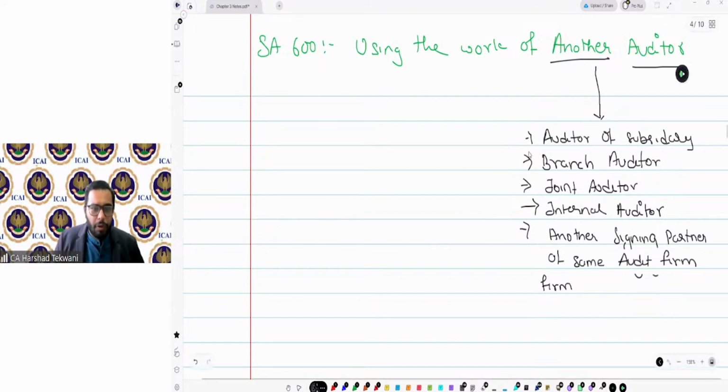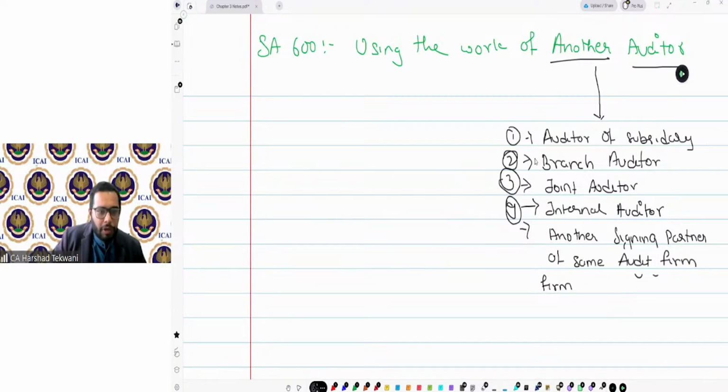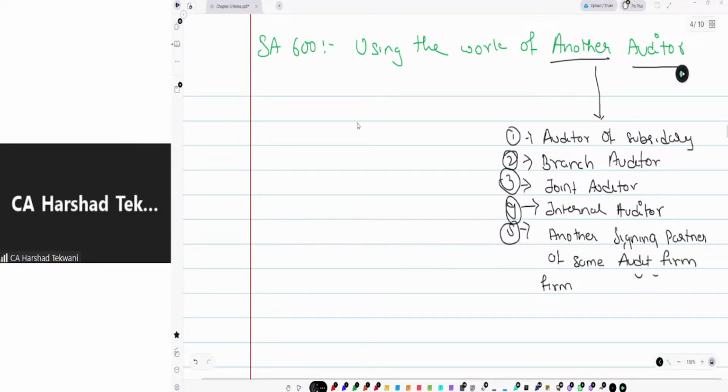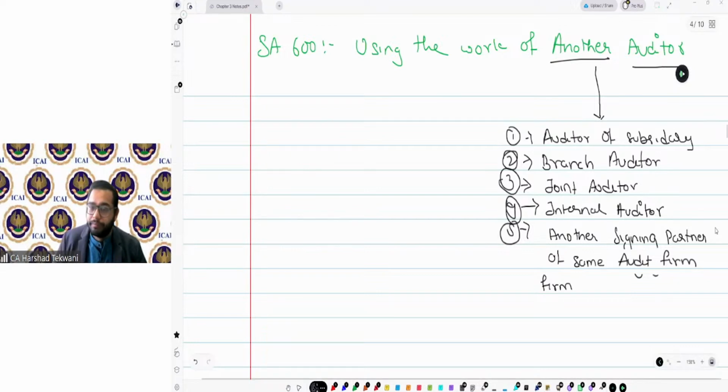So you have these options. First one, second one, third one, fourth, and fifth. You tell me which will be covered in the definition of another auditor as per your understanding, or you can guess also, and what is not covered under the definition of another auditor. Come on, guys. What is covered and what is not covered?